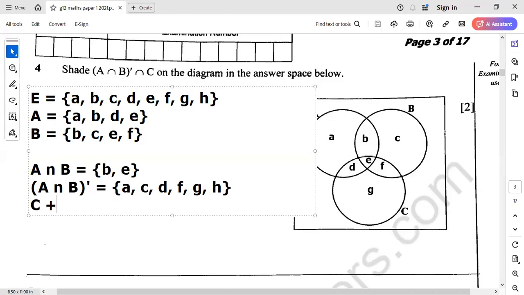So let's name set C. Set C is d, e, f, g. Now, what's common between the two?